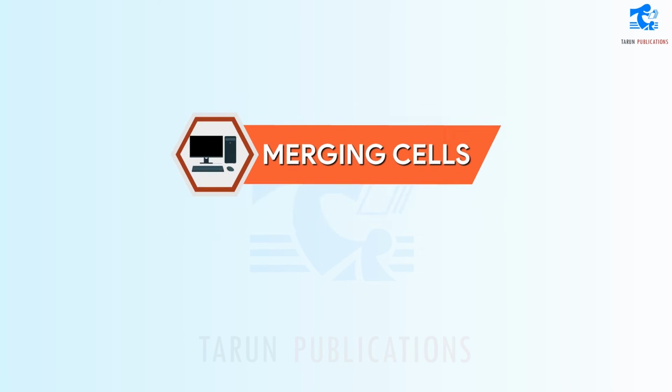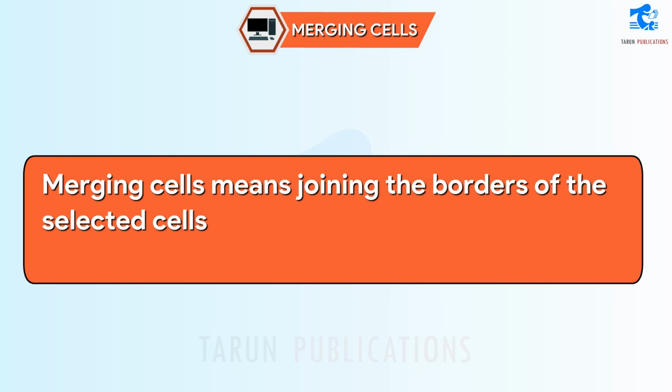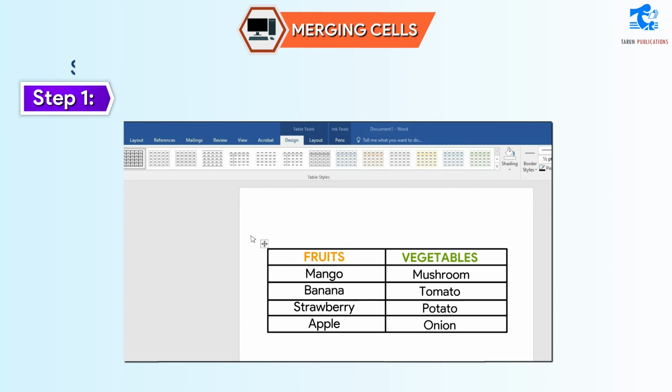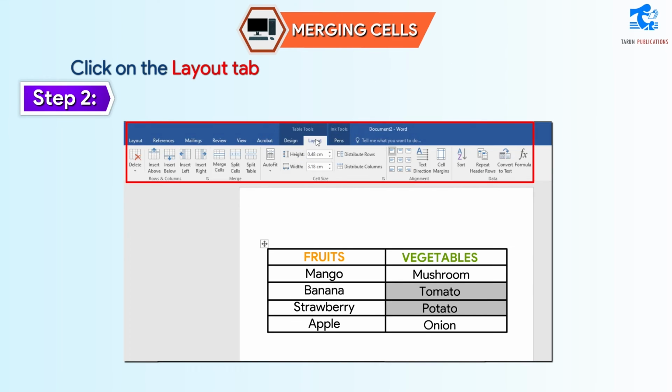Merging cells. Merging cells means joining the borders of the selected cells to create one large cell. Follow these steps to merge cells in a table. Step 1. Select the cells that you want to merge together. Step 2. Click on the Layout tab under Table Tools.